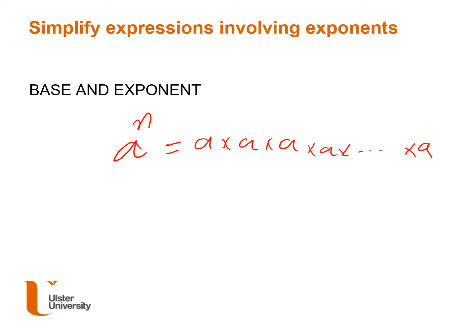It means n copies of a in this product, where n is an element of the natural numbers. Remember, when we are writing a to the power n, in this case a is the base and n is the exponent.